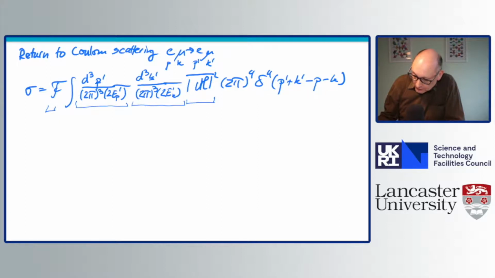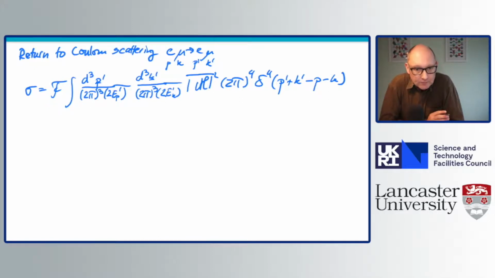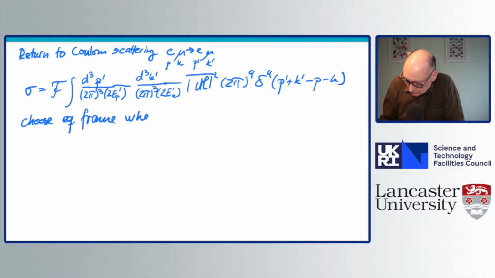So we can choose which frame we want to evaluate this in, and the result will be valid in any frame. So let's choose an easy frame, which is the center of mass frame, where the incoming momentum of the electron is equal to minus the incoming momentum of the muon.